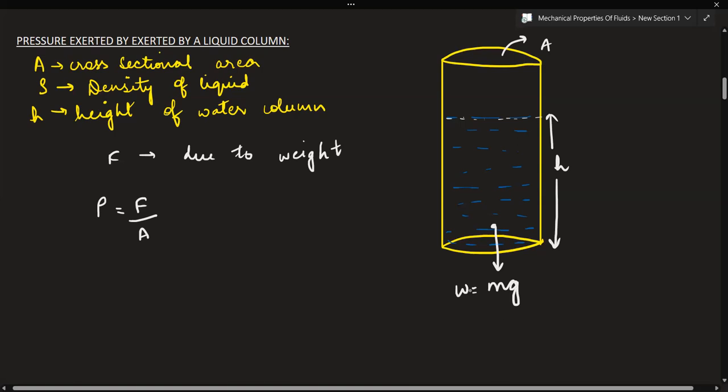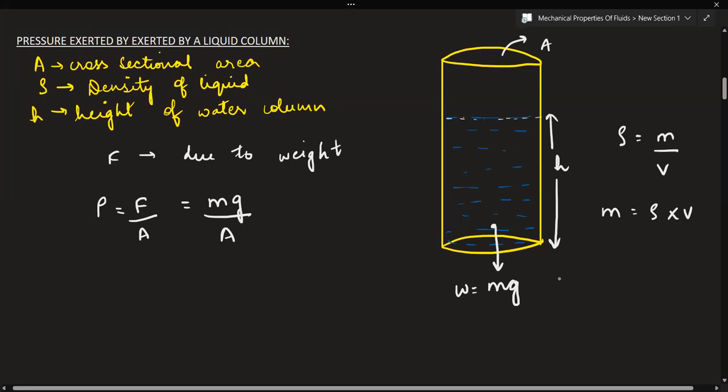The value of weight is mg. So can we write mg instead of F? mg by A. Can this be the formula for pressure? Yes, ma'am. Okay. Now, density is equal to mass by volume. We have to eliminate this mass, so we can multiply density with the volume, right? Yes, ma'am. All right.